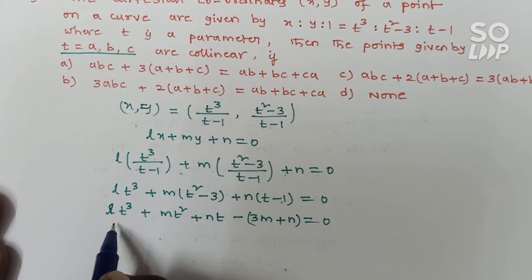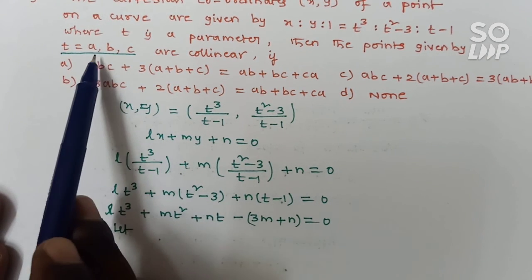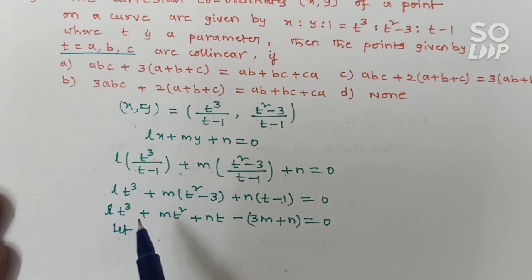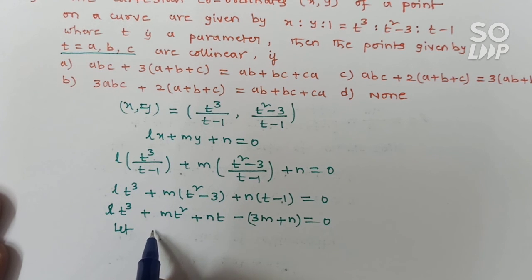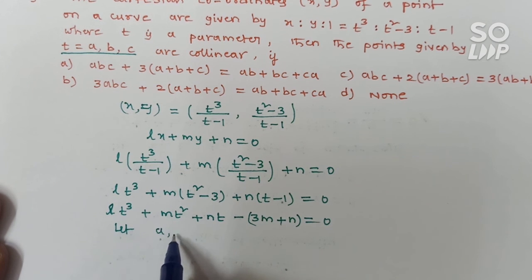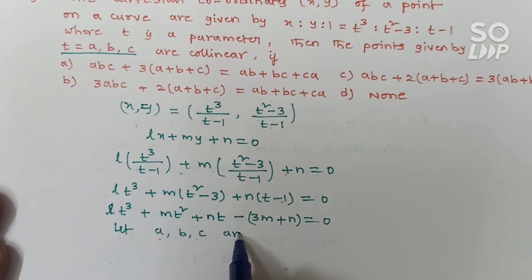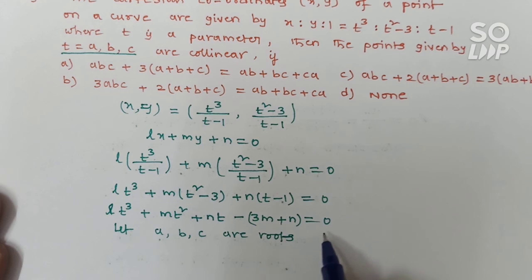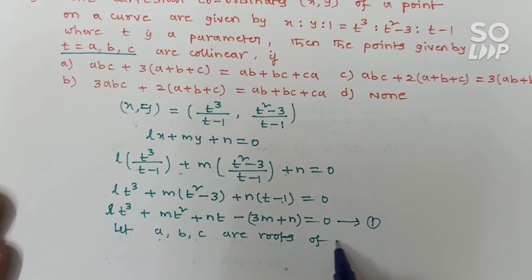Now you take the sum of the roots. What are the roots of this one? Here t is the variable. The t values are a comma b comma c. Therefore the roots of this equation will be a comma b comma c. Here a comma b comma c are already given as roots of the given equation, which you take as equation 1.